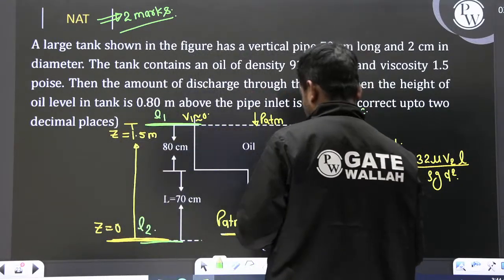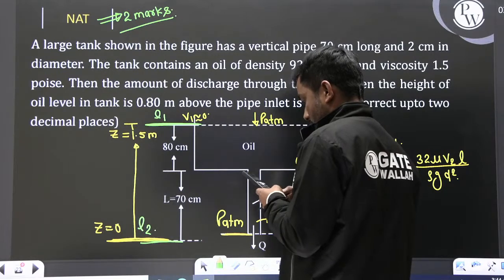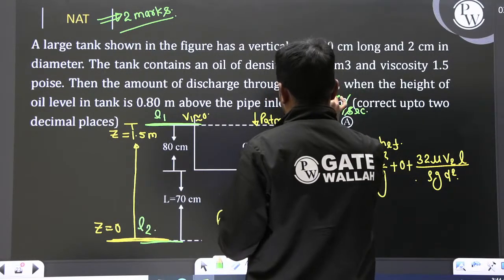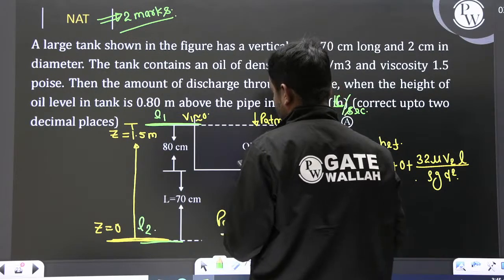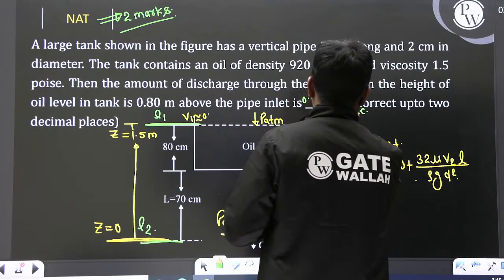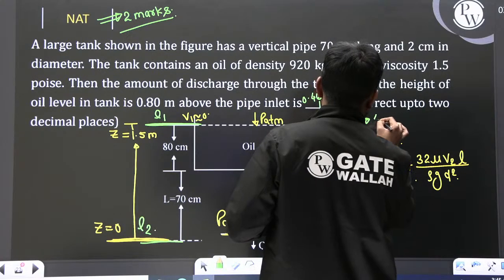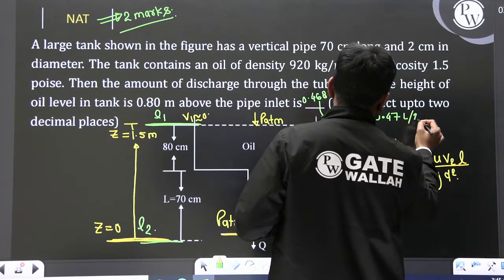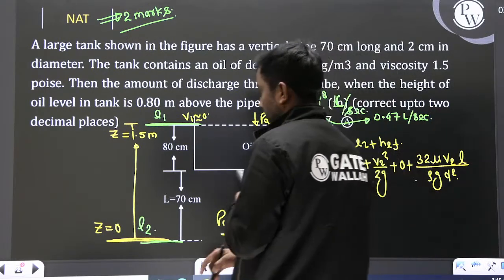Multiplied by 1000, this comes out to be 0.468, or you can say 0.47 liter per second.